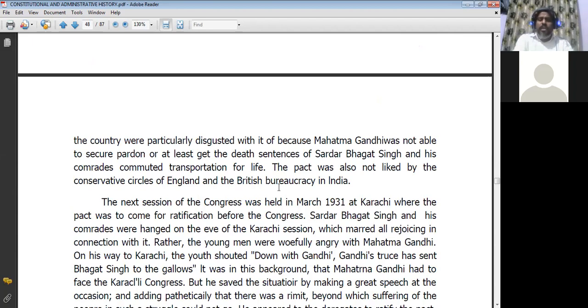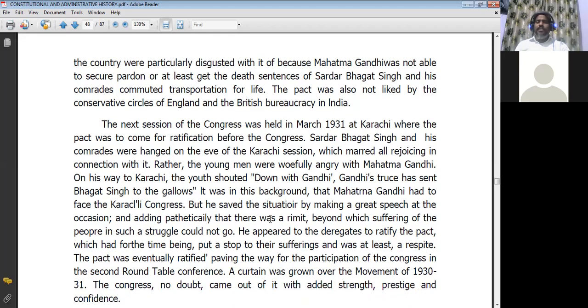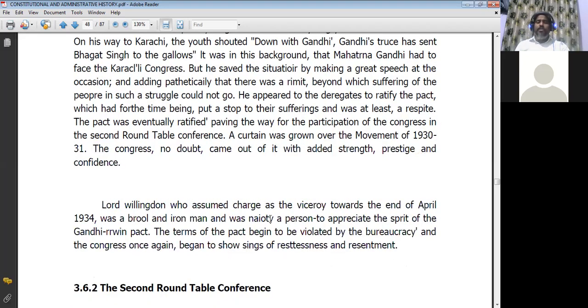Rather, the young men were hopelessly angry with Mahatma Gandhi. Okay. So, on his way to Karachi, the youth shouted down with Gandhi. Gandhi's truce has sent Bhagat Singh to the gallows. Okay. So, such things had taken place in 1931.